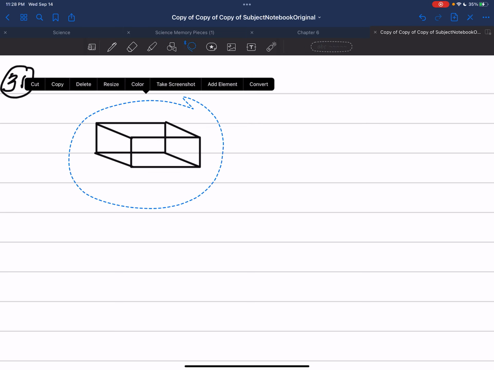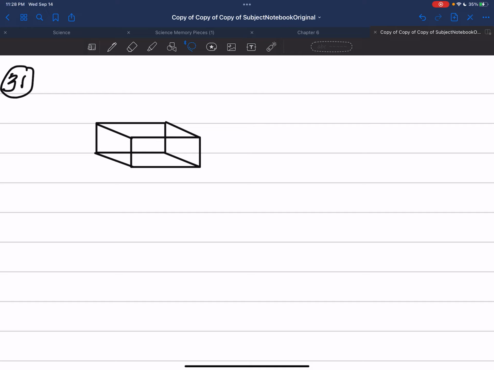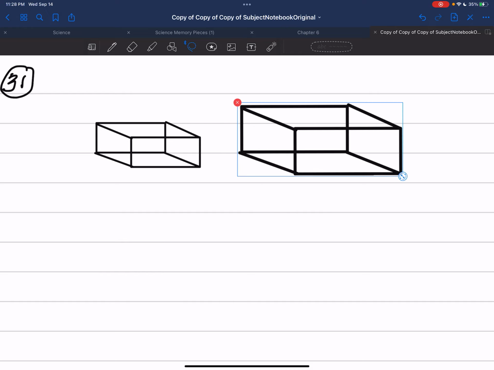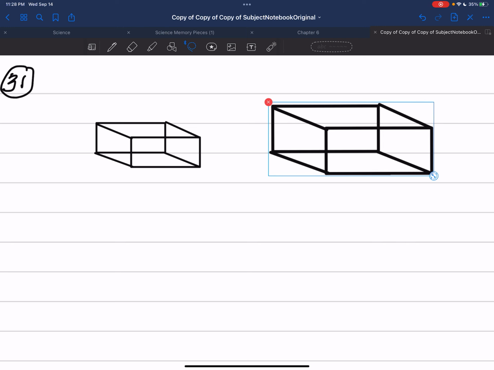I'm going to take a picture of that one, copy it, paste it, and enlarge it just a little bit because one of the fish tanks is larger than the other. Okay, so Johnny's tank is 8 inches long by 10 inches wide by 12 inches high.